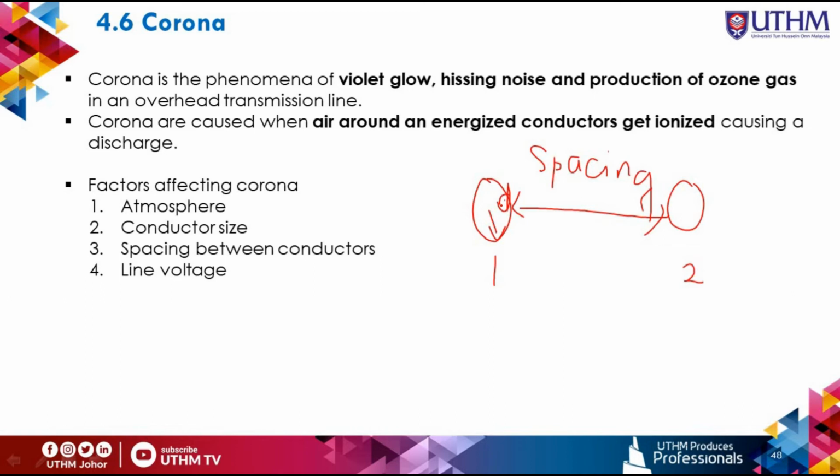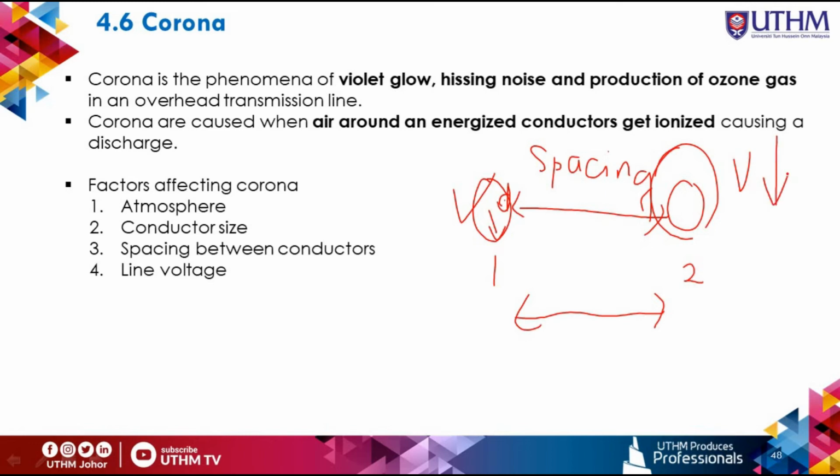When an alternating potential difference is applied across these two conductors, whose spacing is large as compared to their diameters, there is no apparent change in the condition of atmospheric air surrounding the wires if the applied voltage is low.